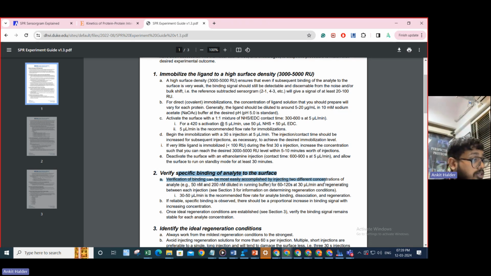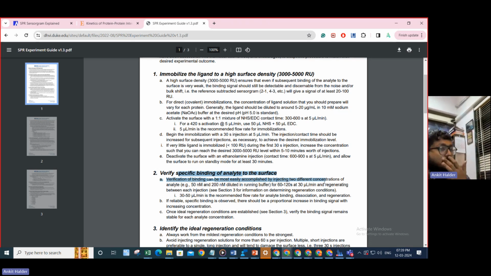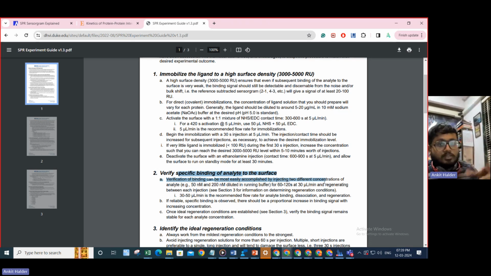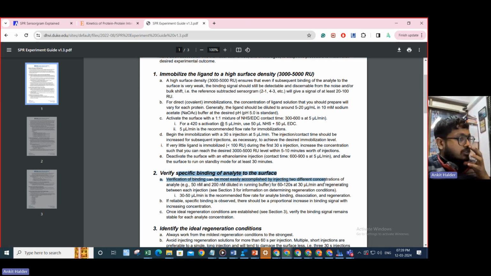Verification of the binding can be easily accomplished by injecting two different concentrations of analyte, for example 50 nanomolar and 200 nanomolar, diluted in your running buffer at 30 microliter per minute and regenerating between each injection.